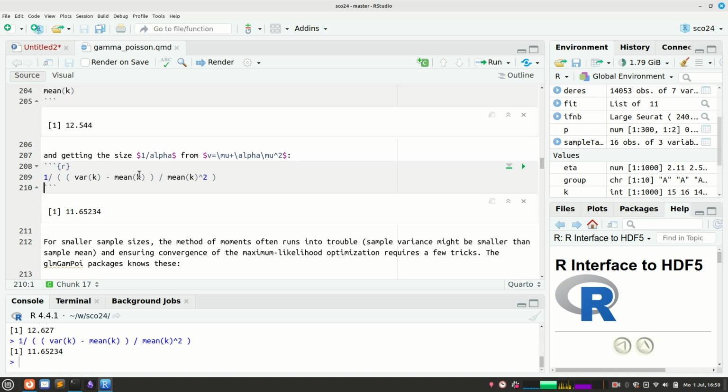If you do this with data with only a few values, like in our typical RNA-seq where we might compare 5 samples, this often doesn't work, because for this to work, of course, the variance has to be larger than the mean. In expectation, the variance cannot be smaller than the mean, but in specific realizations, it can. And that's why you typically don't use the method of moments, but maximum likelihood.